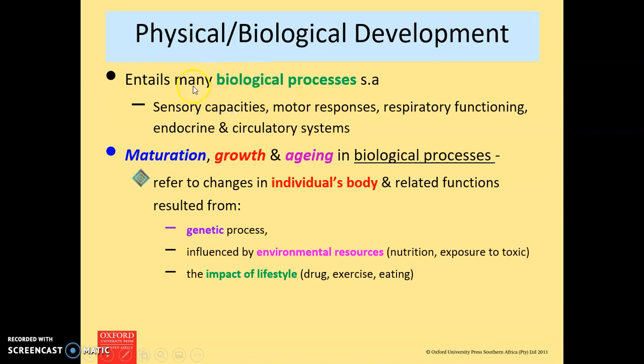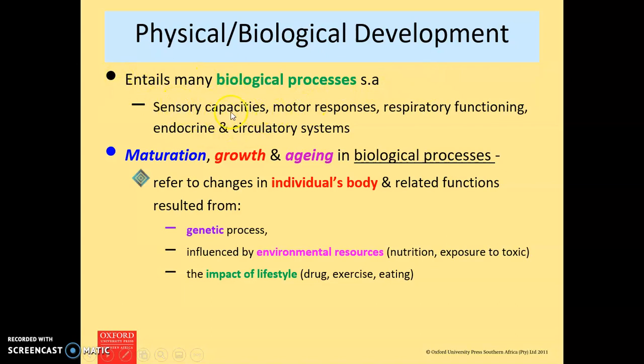Okay, first we start with the physical or biological domains of development. This refers to the biological process. When we talk about physical, we talk about our physical features, and biology, whatever happens inside our body, in our cardiovascular system, our bloodstream, and so on. This domain entails many biological processes such as sensory capacity.